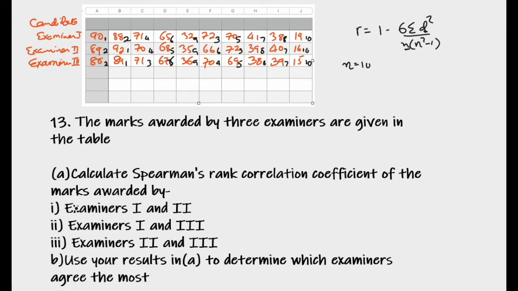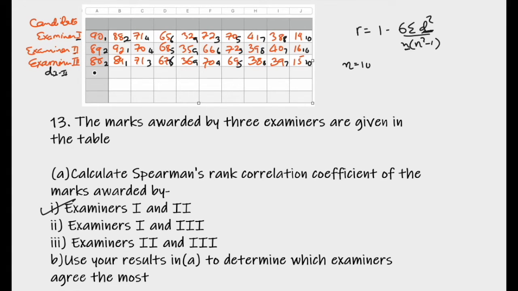Now we have to find the R for examiners 1 and 2, and that's what we will find here, the difference in the ranks of examiner 1 and 2. That difference can be negative, but the square will make it positive again, so it doesn't matter. I will just focus on examiner 1 and 2 right now.